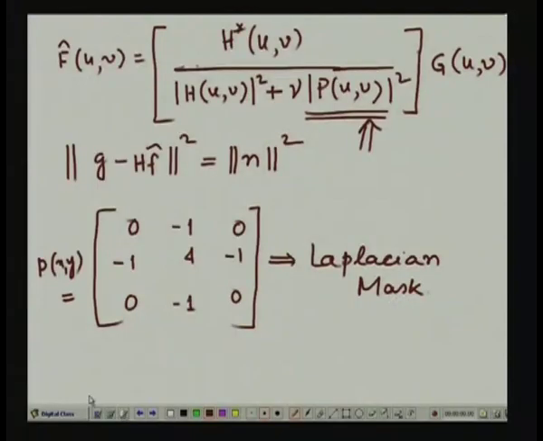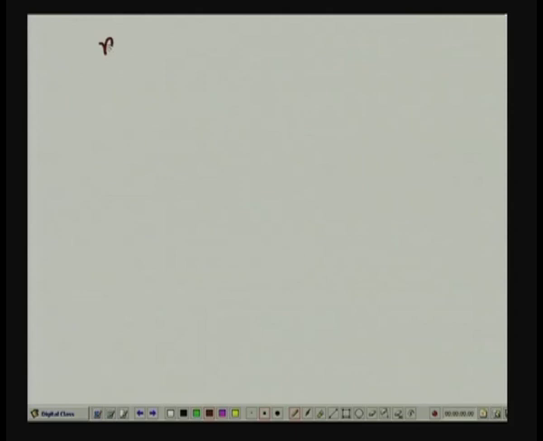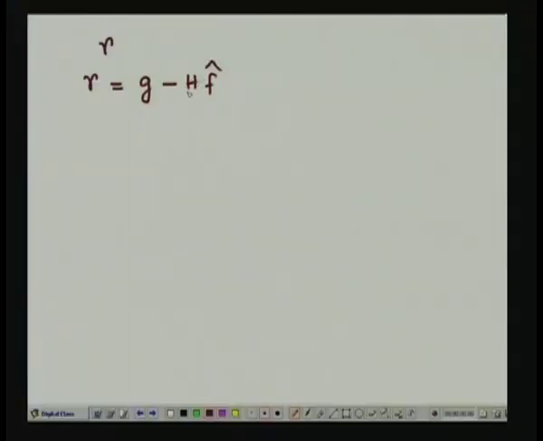For that iterative approach, we define a residual vector, say R, where R equals G minus H f hat. Remember that this G is obtained from the degraded image, the degradation matrix H is obtained from the degradation function H, and f hat is the estimated restored image.